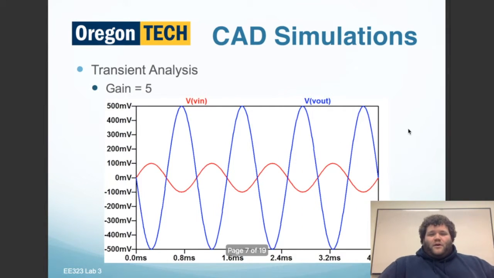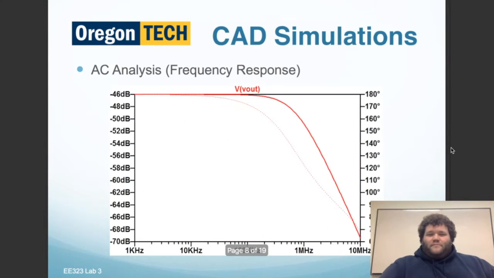Here's just transient analysis. This is showing that when we ran that circuit we saw before, it'll give us our gain of 5, which you can see here: 100 millivolts goes up to 5 millivolts. That's a gain of 5, and you can also see that it is in fact inverting by the way the waveforms go. And here, our AC analysis for frequency response.